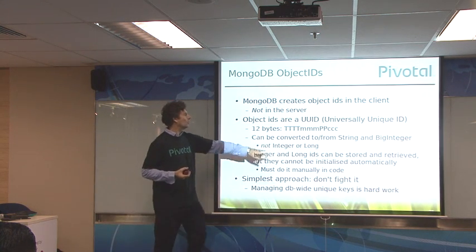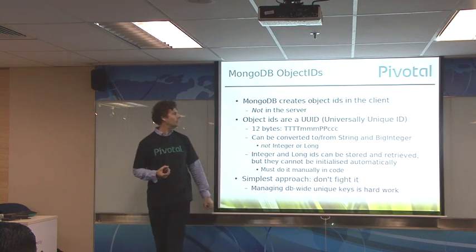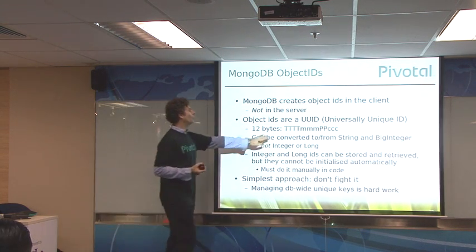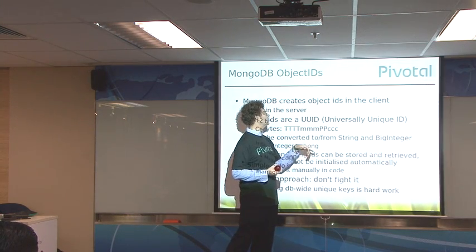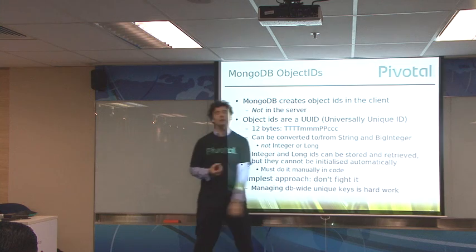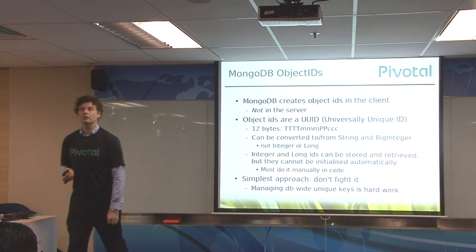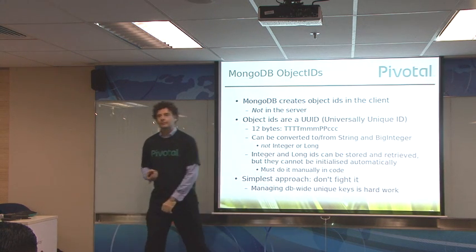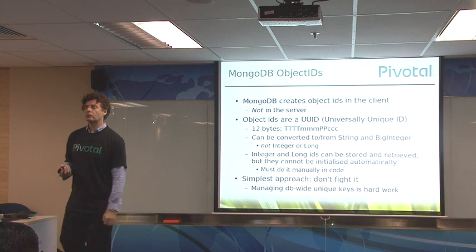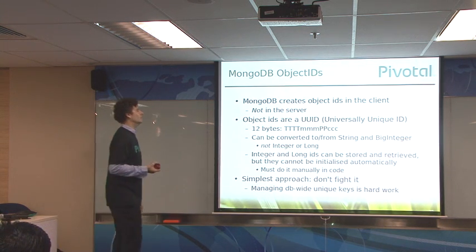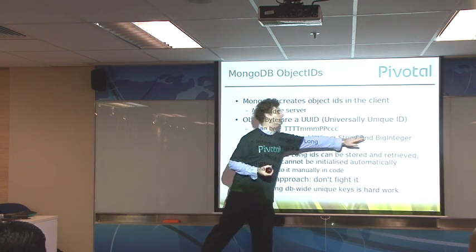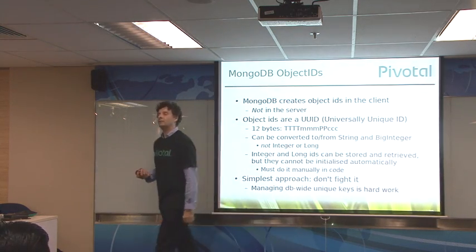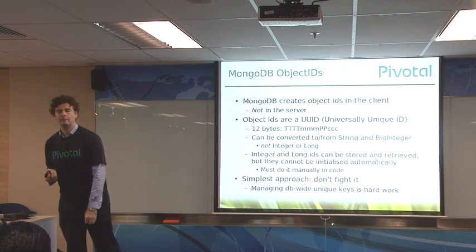They're 12 bytes long. I put a little mnemonic here to remind me. There are 4 bytes of time, 3 for a machine ID, 2 for a process ID, and 3 for just some incrementing counter, which happens to start at a random number. 12 bytes. So I can convert those to and from a string pretty easily. They can be converted automatically to a BigInteger, but they're too big to fit inside a long or an integer.